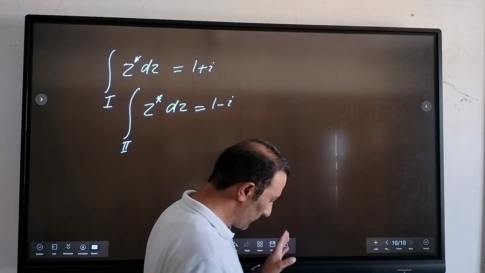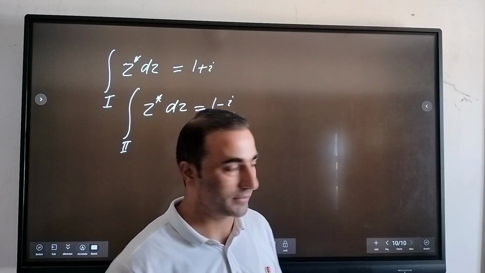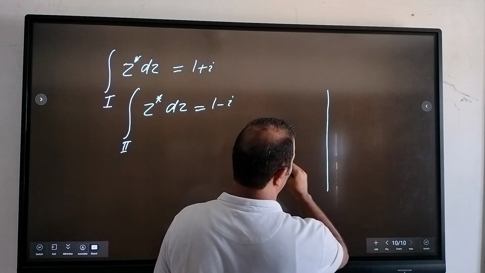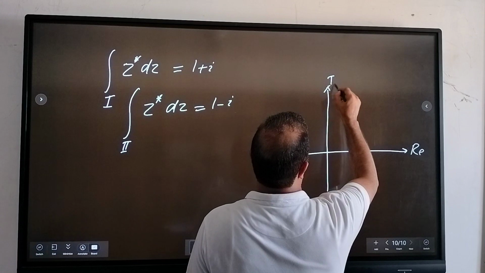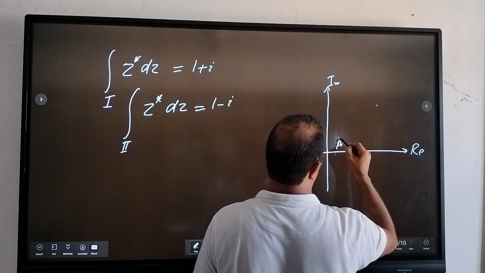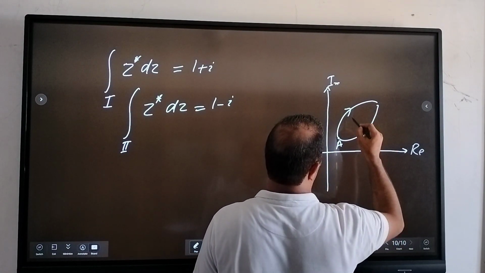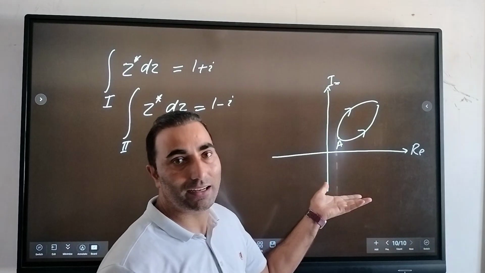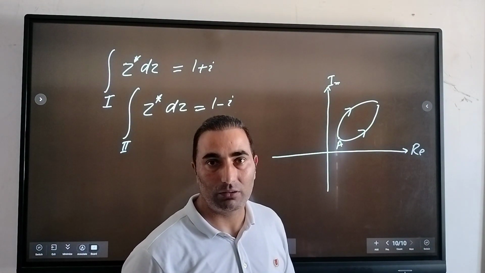So in both we got different values, but what Cauchy integral theorem basically tells us is this: if we have this complex plane, that is real and imaginary part, and we want to go from point A to point B in that complex plane, we can go this way or that way. So you can choose different paths, but the total integral will be the same.